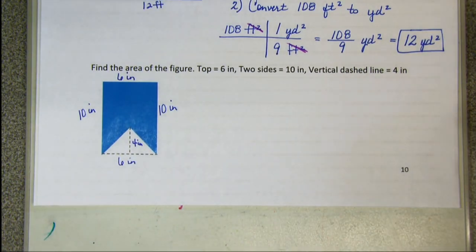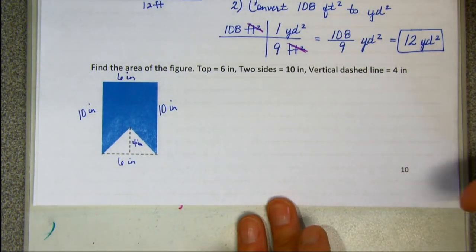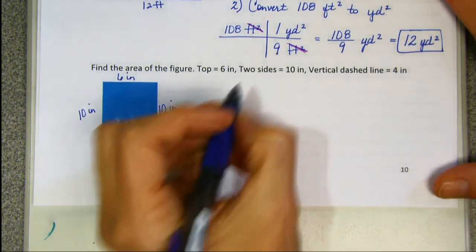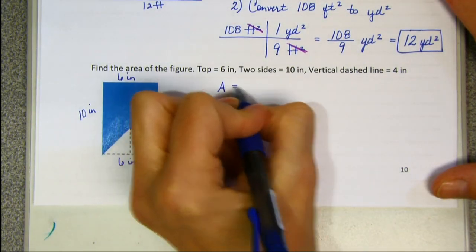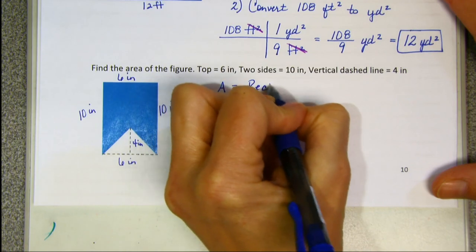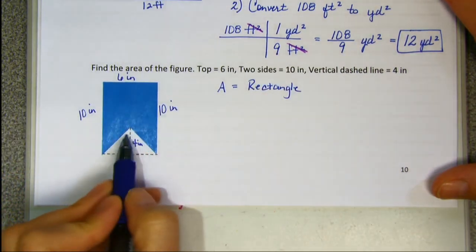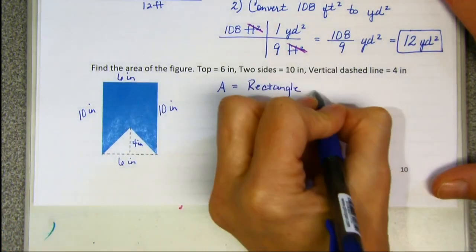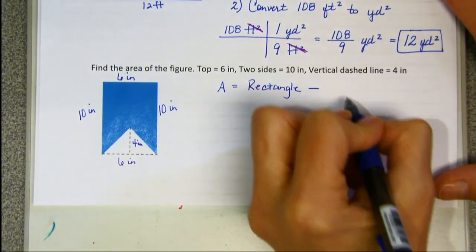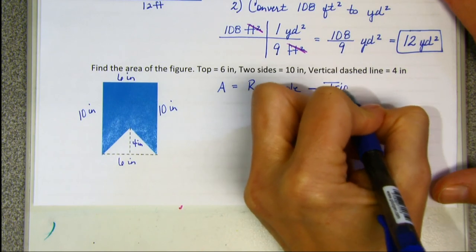All right, so I want the area of the blue only. So to find that area, I need to find the area of the rectangle, and that would be all of the blue including this, and then I'm going to subtract the area of the triangle.